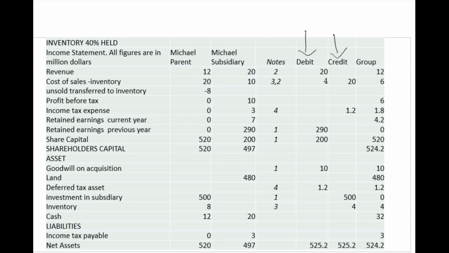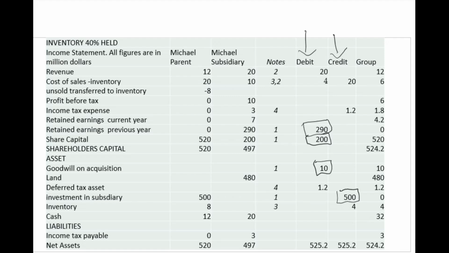We start with the first entry, which is the elimination of investment entry: 500 million credit, 200 million debit for share capital, and 290 million debit for retained earnings at the date of acquisition. 500 million is the investment in the subsidiary that we credited, and the remaining amount is the goodwill on acquisition, 10 million.